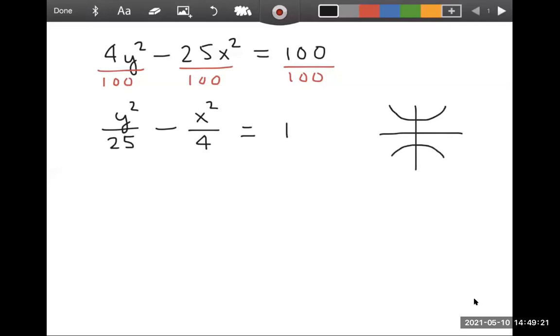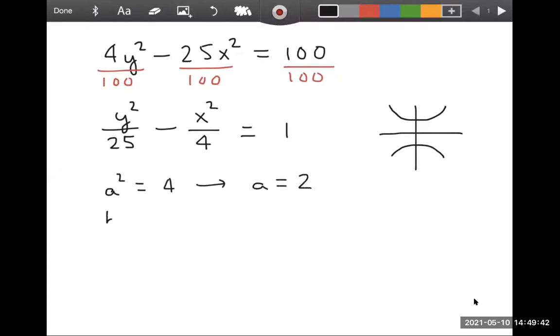So now let's get the values of a and b. Those are very important. Remember, a squared is always under x squared, at least in your book. If you take me for pre-calculus, the pre-calculus book does it a little differently, but since a squared is 4, that means a is 2.